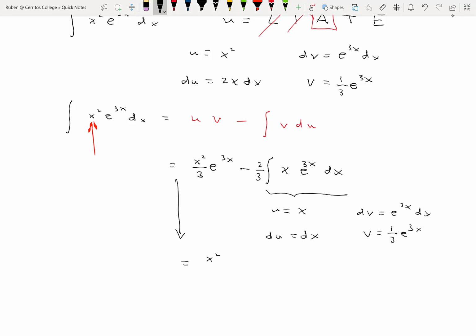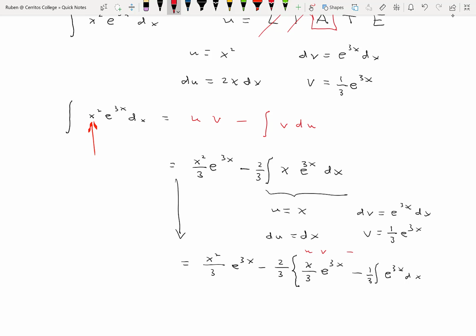I'm going to have x squared over 3 e to the 3x minus 2/3. And then I'm going to apply the integration by parts formula. uv, x over 3 e to the 3x. That's my little uv, minus the integral of v du, v, 1/3 taken out, du.